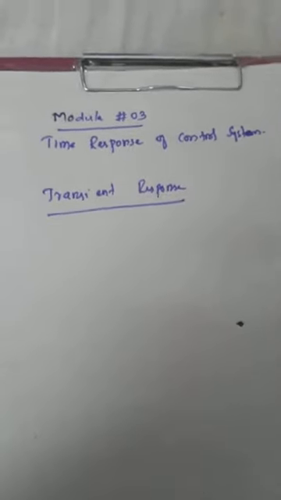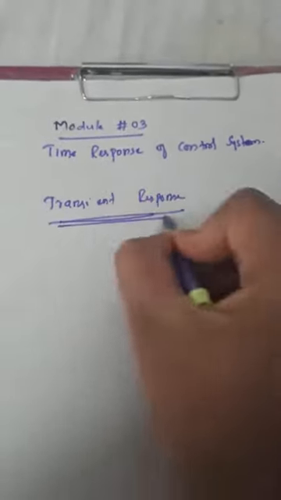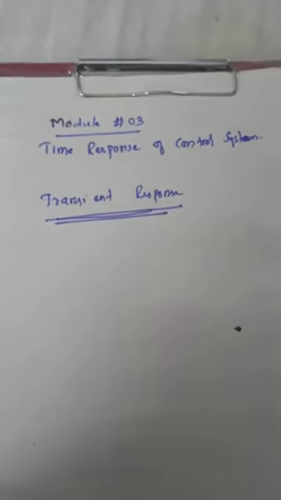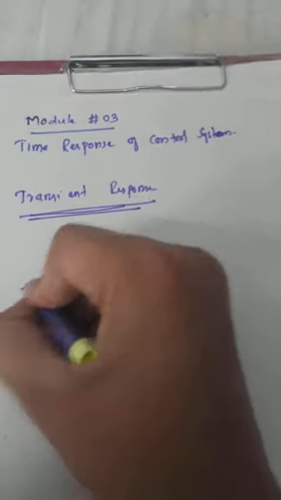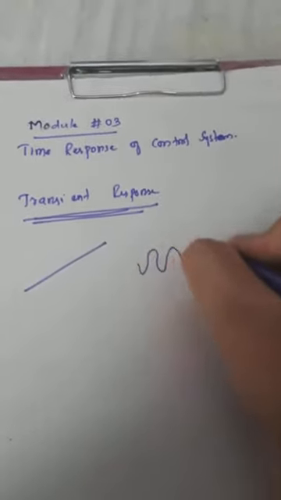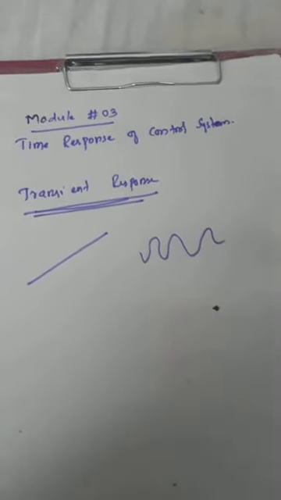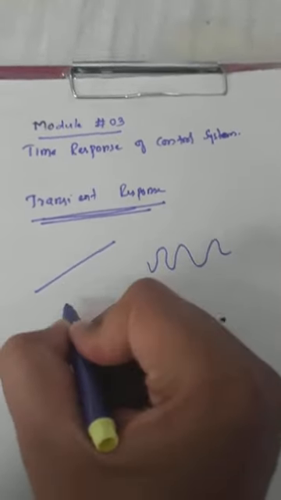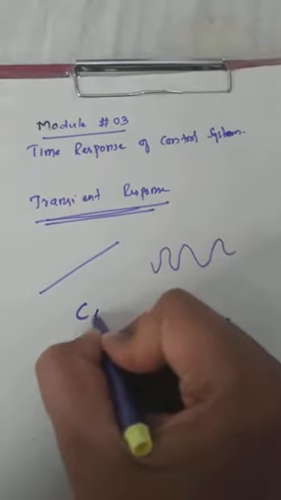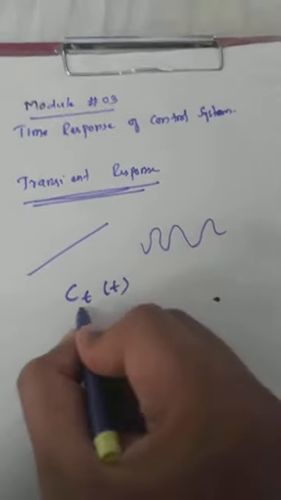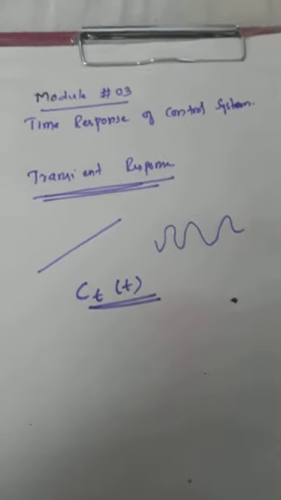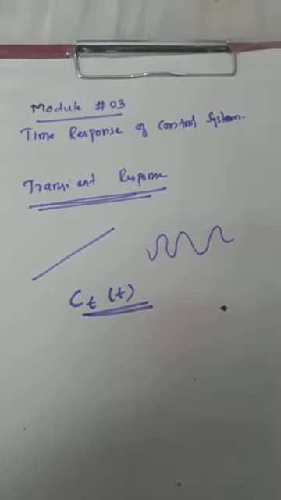The transient response may be exponential, or it may be oscillatory in nature. Symbolically, the transient response can be represented as Ct(t).